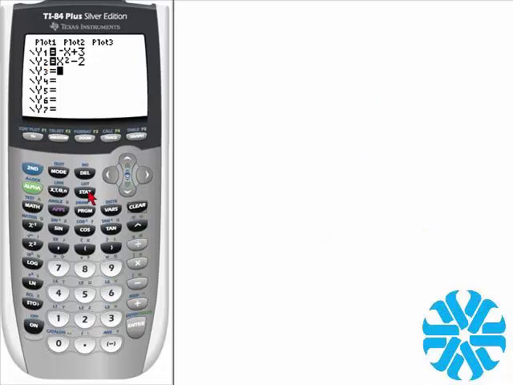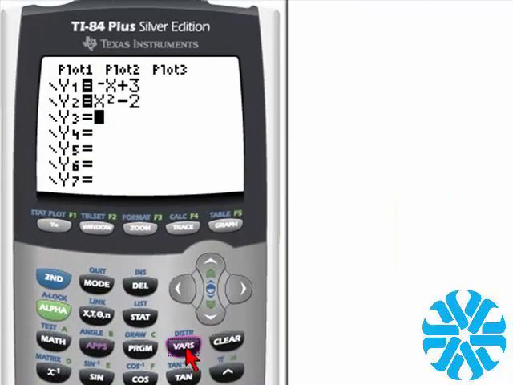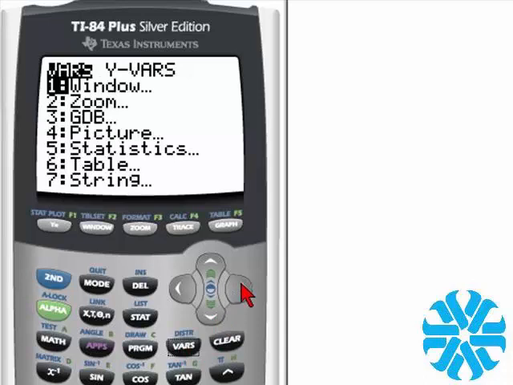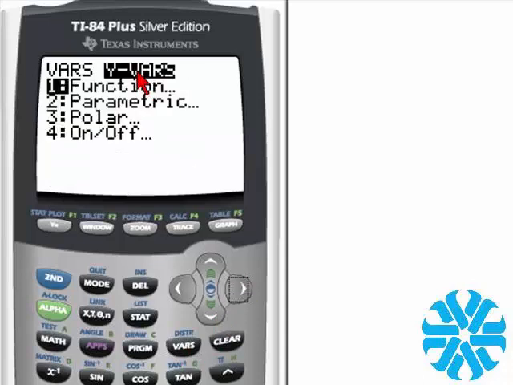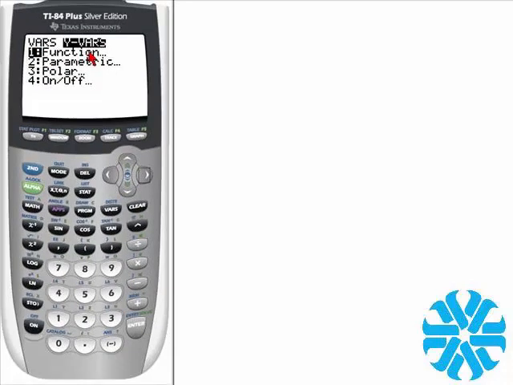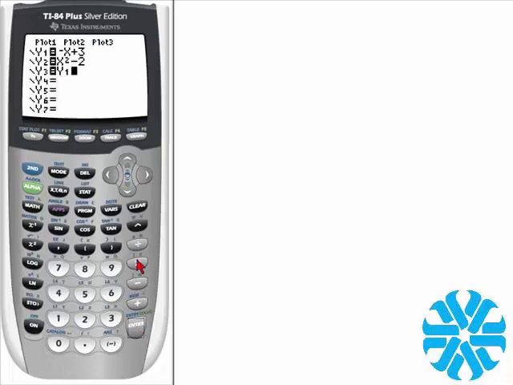So an easy way to do that is you go to vars, and then you move the cursor over to yvars. Then you hit enter to get the function. And then we want y1, so we just hit enter. Okay, then remember it puts in y1. Now we want the product, so we put the multiplication symbol in there. And then we want y2 to be here.